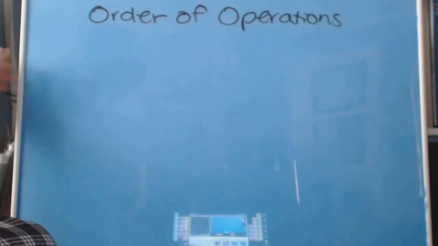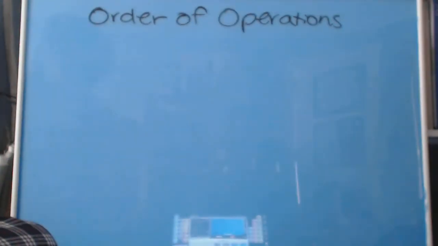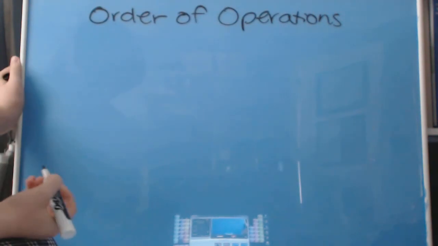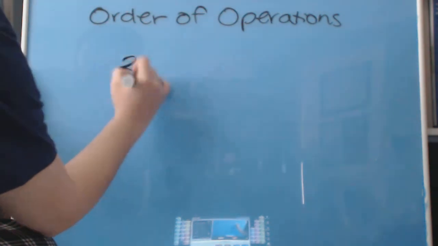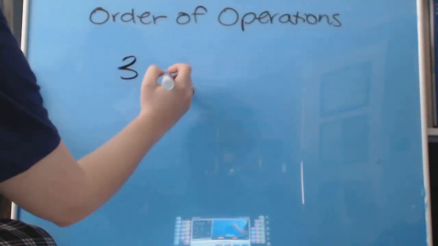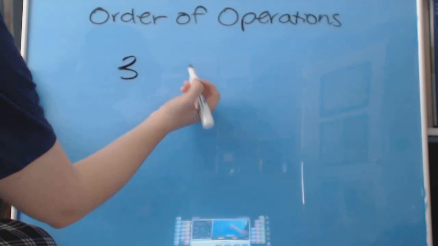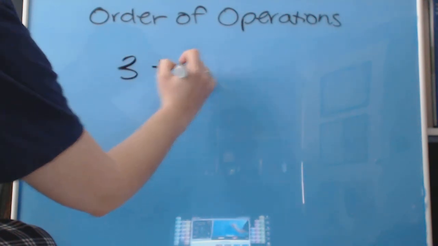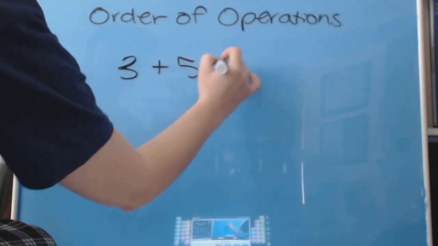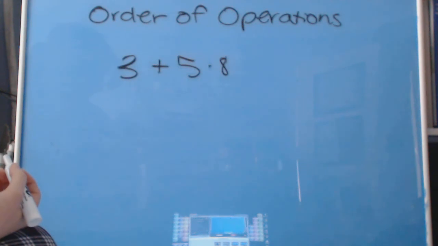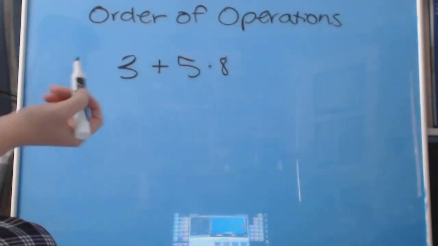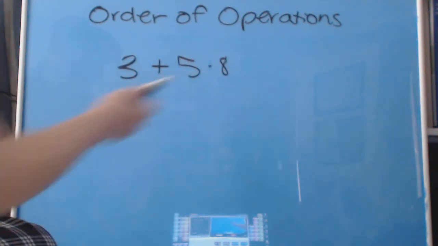Now we'll go into one that's actually a little simpler, but it still follows the order of operations. We've got number 65 out of 1.4 of my math book, and the expression, I should say, is 3 plus 5 times 8. The first thing we automatically have the desire to do is the 3 plus 5.